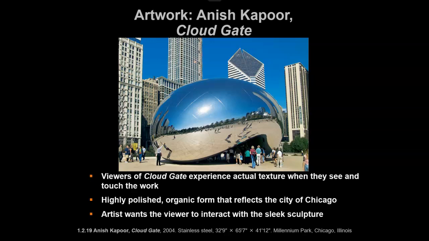What's really cool is that the form reflects the city of Chicago. The artist wanted viewers to interact with this really slick sculpture. You go up, you touch it, you feel it, and you can still see that you're in that part of the city. It's part of it, not just a sculpture sitting in the middle.